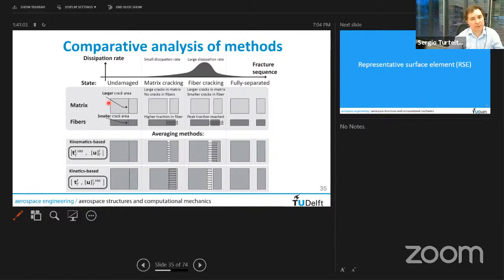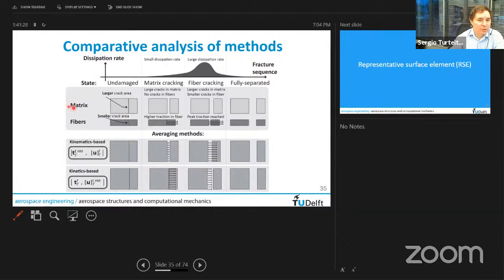But the opposite is true for the force that is being transmitted through them. So even though the matrix is quite large, it actually transmits a very small force. And in fact, it breaks very early in the process, at, let's say, about 80 megapascals, then it's already broken. Whereas the fibers can go to the gigapascal range. So there's a very high contrast between those two.